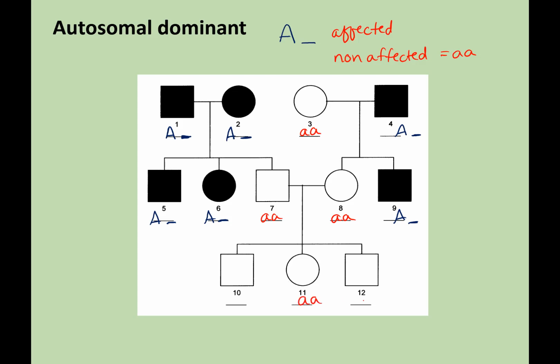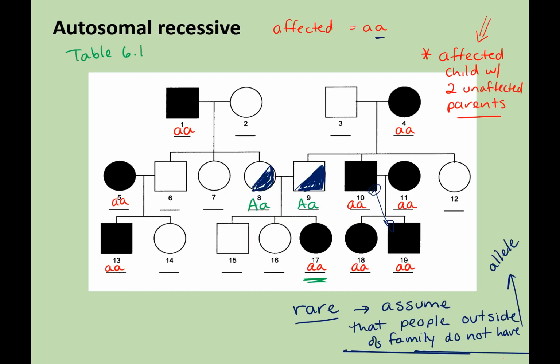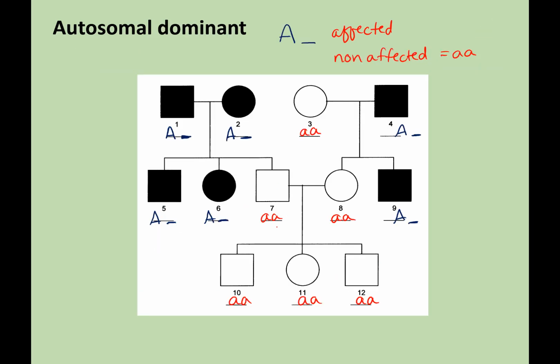And this one can become pretty easy to figure out many of the parents' alleles. For instance, we know that these parents must be heterozygous because they had a homozygous recessive child. But for these three right here, you can't assign full genotypes because you don't know.